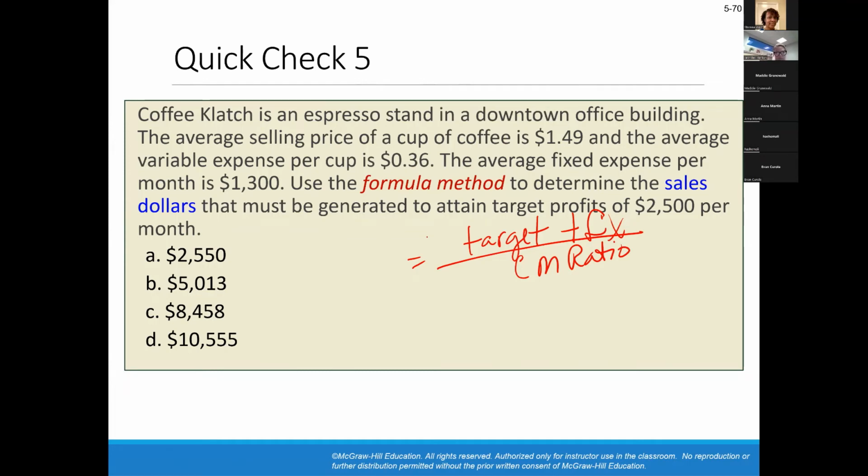So we know 2,500 plus 1,300. We calculated on number 1 the contribution margin ratio of 0.758. When you do the math on that, it comes out to 5,013. So B.